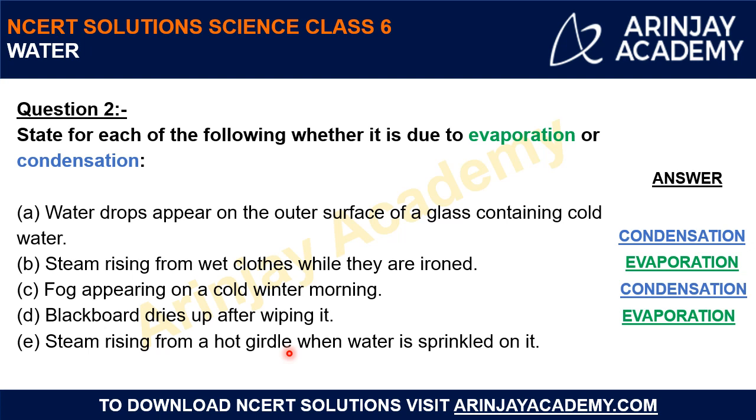The water we sprinkled becomes hot, and it vaporized into water vapor, which appeared to us as steam. So this is the process of evaporation. Through evaporation, the sprinkled water got converted into steam.